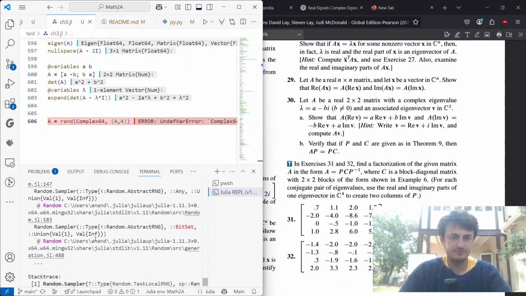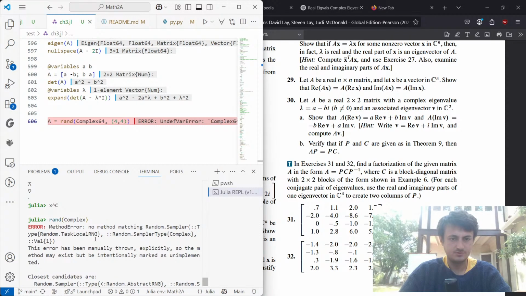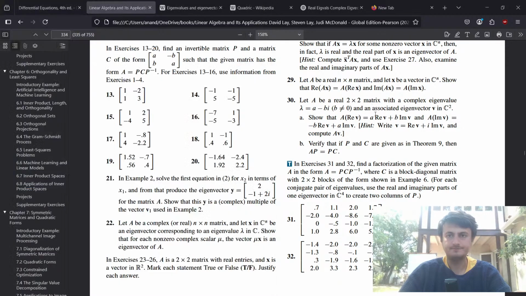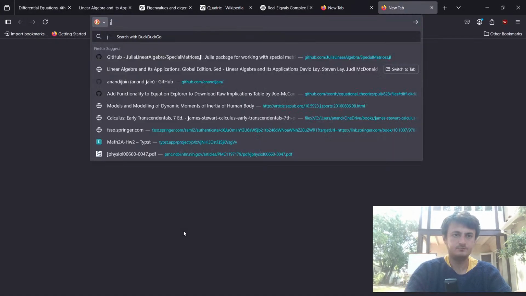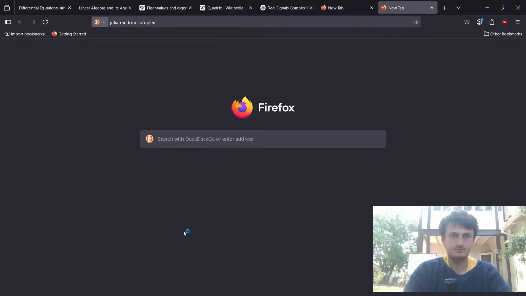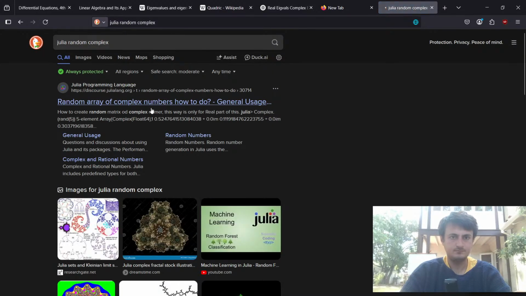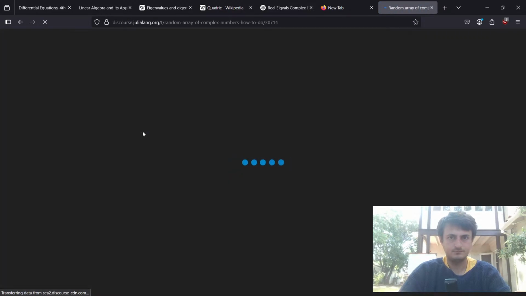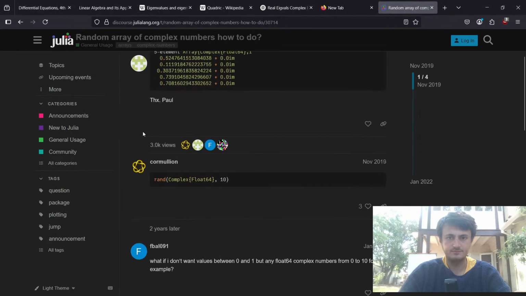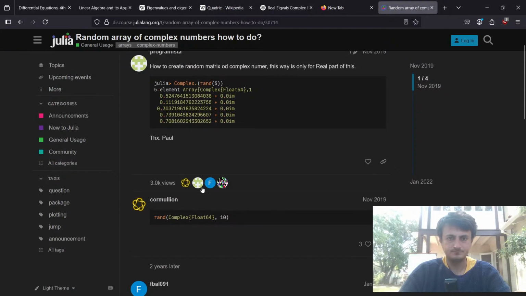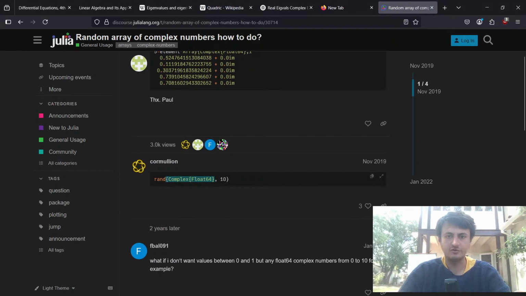There's no way to get a random complex number? It's weird. You have to do that.